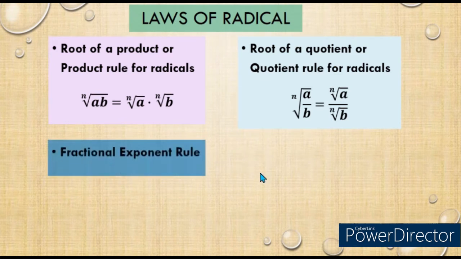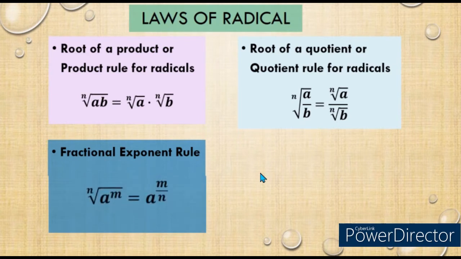So we have the fractional exponent rule. So what is the fractional exponent rule? The nth root of a raised to m is equal to a raised to m divided by n. So as I've said last week, the denominator of the fraction would be the index and the numerator is the exponent of the radicand.